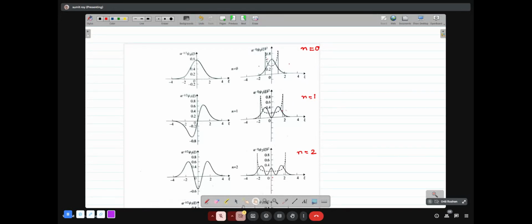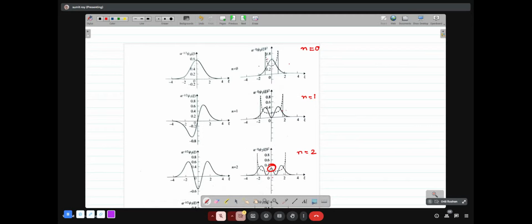So for n equals to 0, the probability of finding the particle at the mean position is maximum. But for n equal to 1, the probability of finding the particle at the mean position is 0. But again for n equals to 2, the probability for finding the particle at the mean position is not 0.